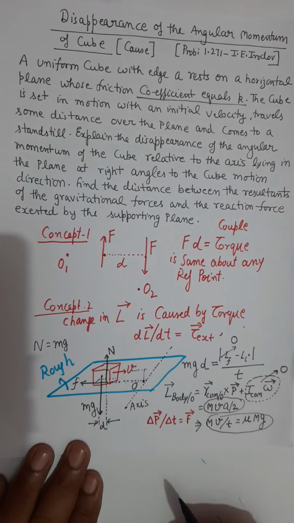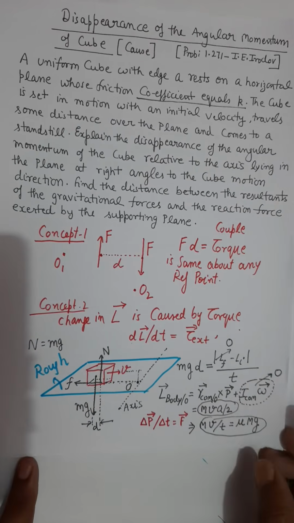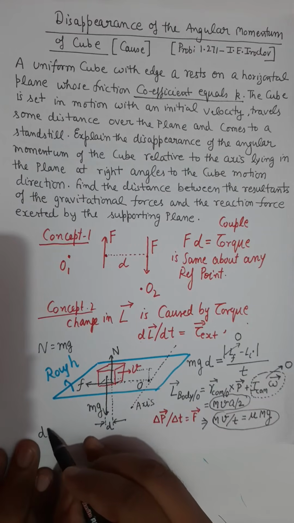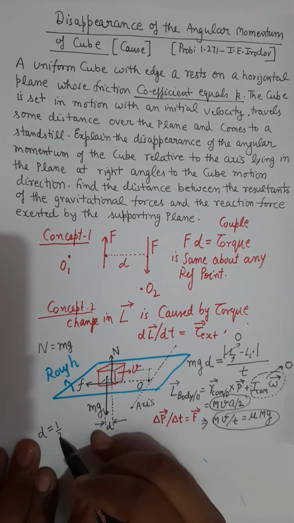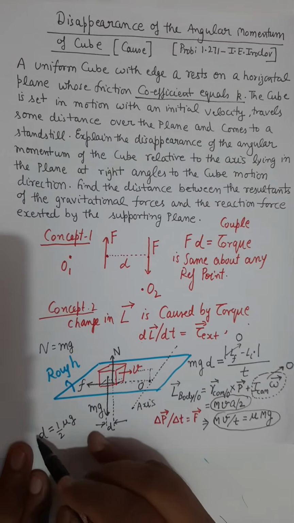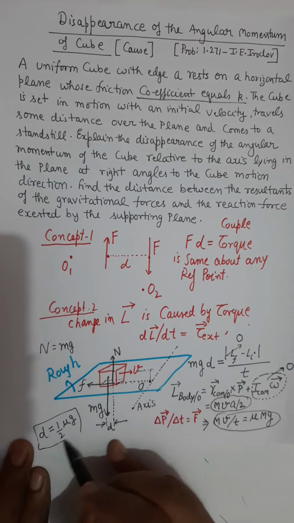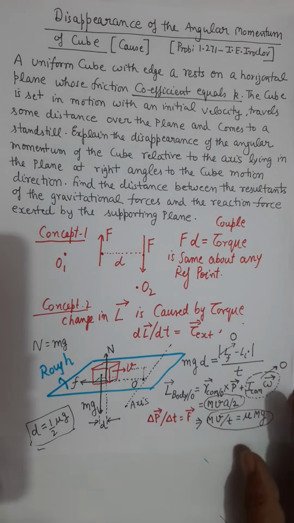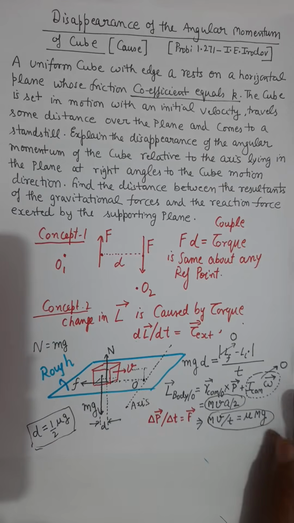After doing the mathematical portion, you come to know that the required distance d is a over 2 mu g. If I am not wrong, this is the required distance. Please check the calculation part or working part.